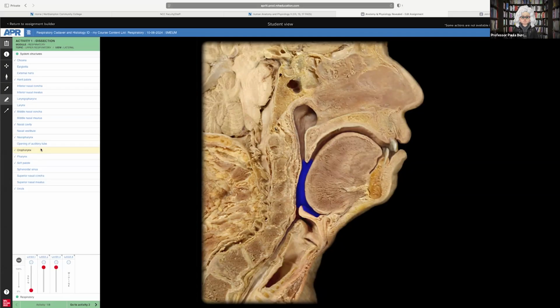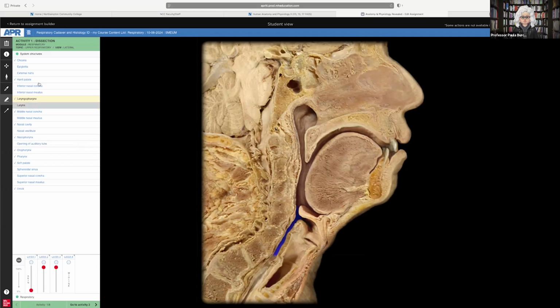The inferior most part of the pharynx is the laryngopharynx, and posteriorly, it feeds into the esophagus, which is this tube here. Food will go through the esophagus as well as liquid on the way to the stomach. Anteriorly, it is going to feed into the larynx, and this is part of the larynx here.